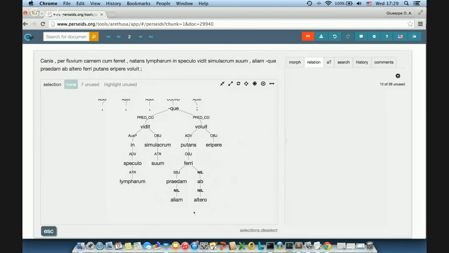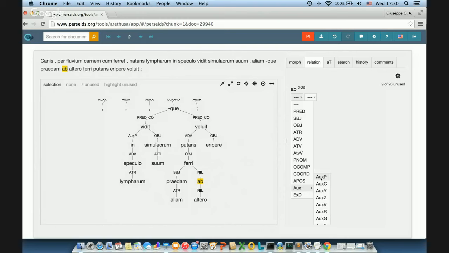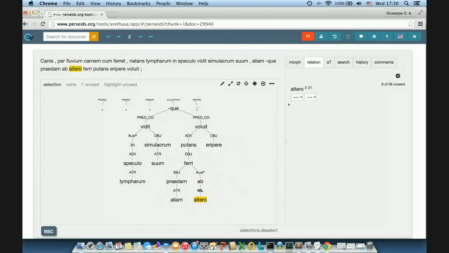Predam will be the subject, right? Aliam is again attribute. Ab will be a preposition, okay, and we could take this as an object. Why object? To tell the truth, there is much discussion about this kind of complementation.